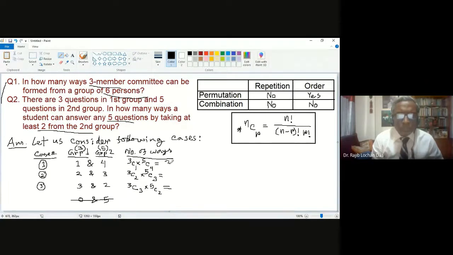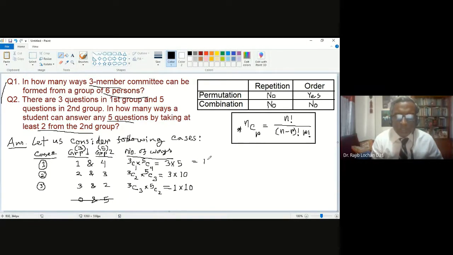So it will be 3 into 5C4. 5C4 value will be 5, and then second is 3 into 5C3. 5C3 is 10, and then 3C3, 3C3 is 1, and 5C2, 5C2 is 10 again. So that will be the answer.